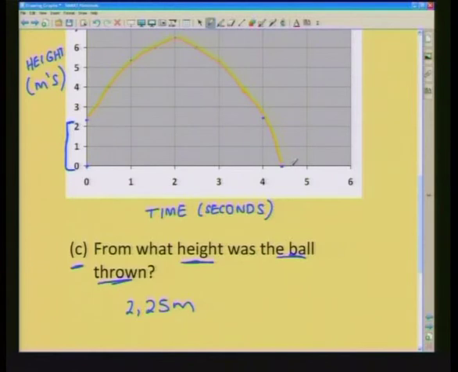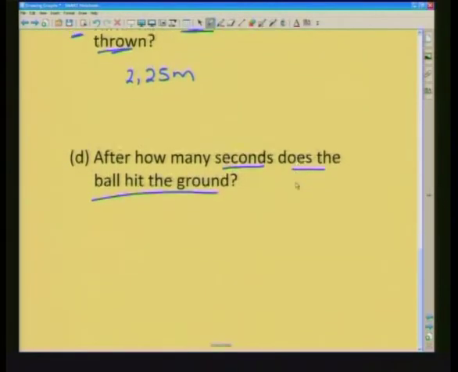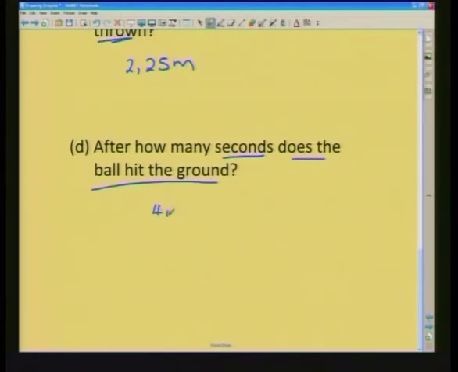So when the height is 0, that means it's back on the ground and it's traveled this entire distance. How long does it take from start to finish? And that is in fact 4.5 seconds, which we can read straight off our graph. So that was 4.5 seconds for this entire path that this ball took.